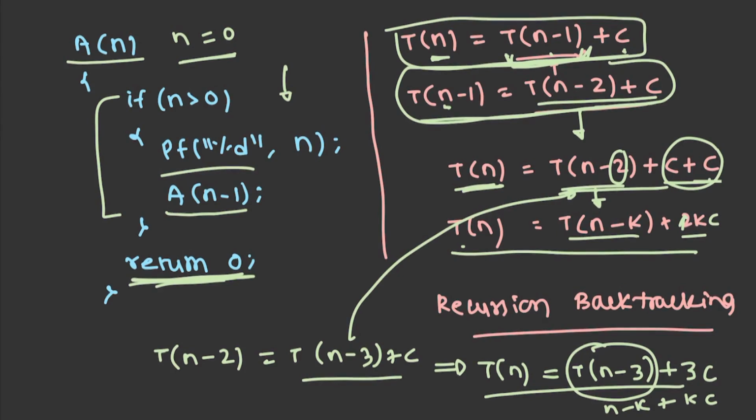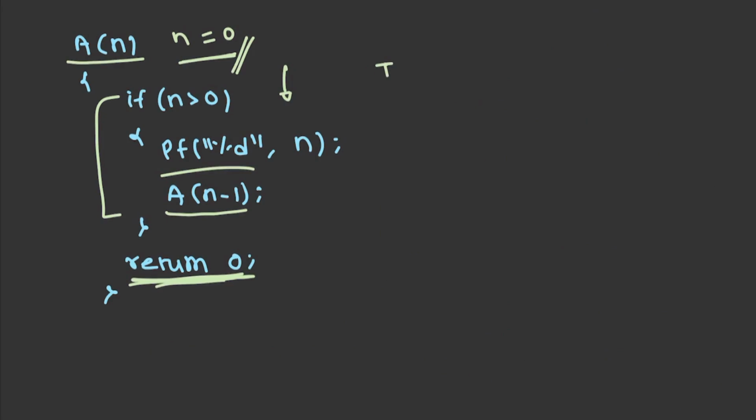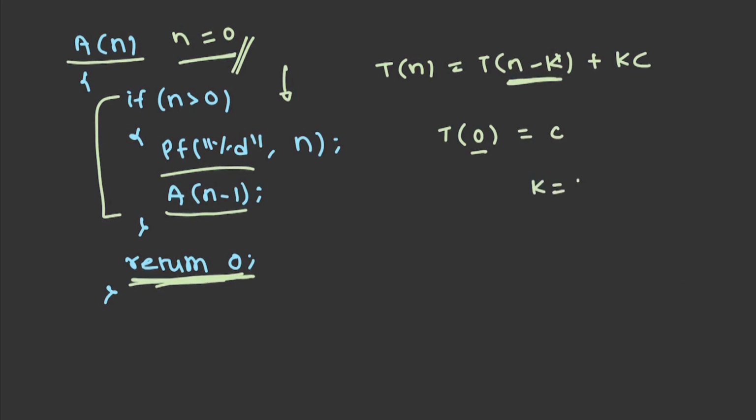Let's try to take this final equation and we'll try to solve the complexity for this example. The final equation that has been obtained was t of n is equal to t of n minus k plus k into constant. We know that t of 0 is equivalent to constant work. So, I know the value of t of 0. If I substitute k is equal to n, then t of n is equal to t of 0 plus n into constant, where t of 0 can be replaced with a constant, n plus 1 into constant.